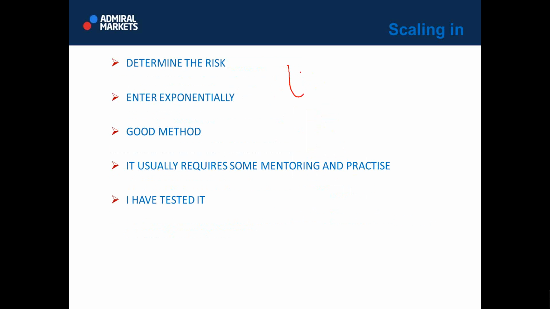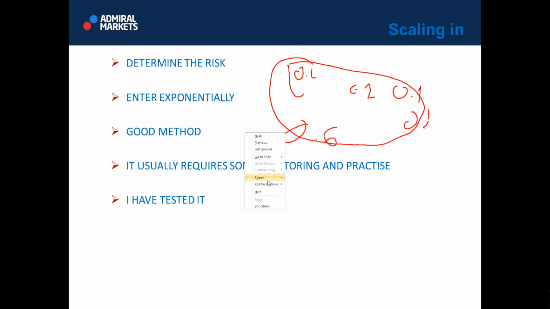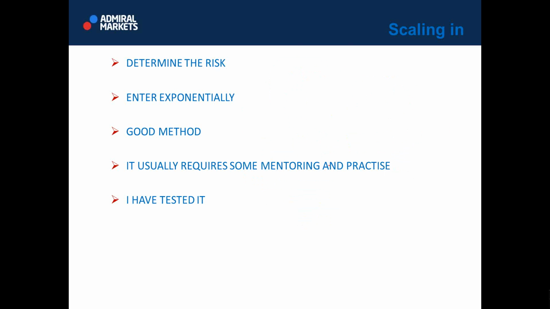So exponential is adding 0.2, then 0.2, then 0.1, 0.1, instead of entering full 0.6 in one single entry. So that is exponential trading, and that is called scaling in.